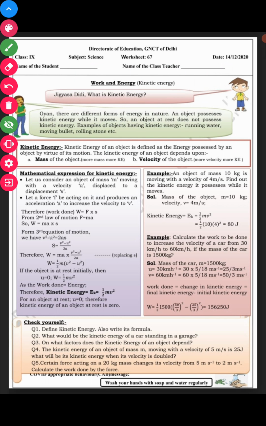Let's do the practice exercise. First question: define kinetic energy and also write its formula. Kinetic energy of an object is defined as the energy possessed by a body by virtue of its motion. Its formula is kinetic energy is equal to half mv square. This is the answer of your first question. What would be the kinetic energy of a car standing in the garage? 0, because it is not moving.